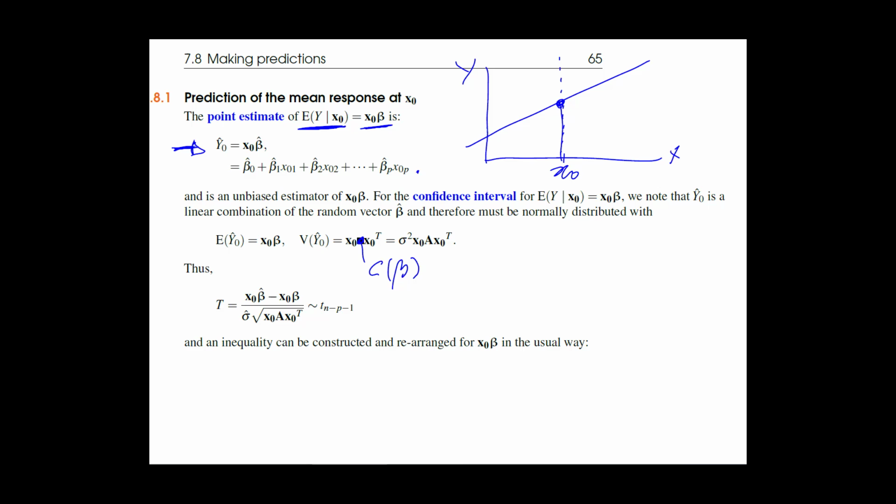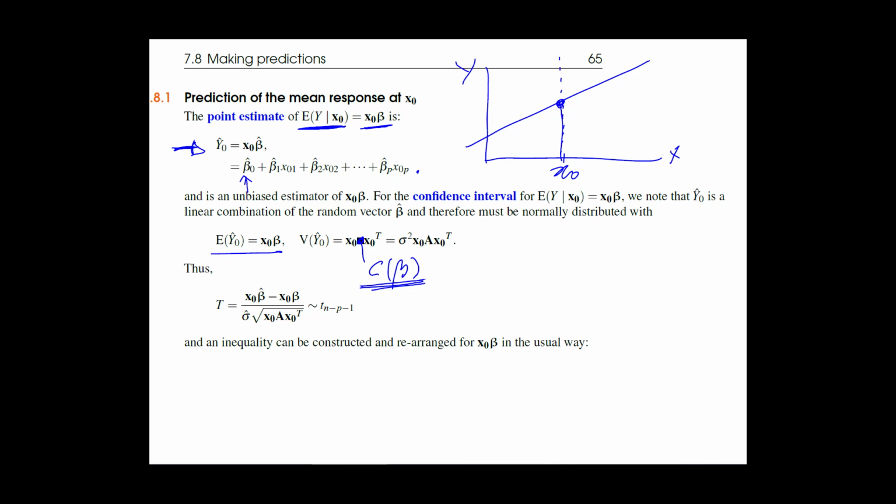You see here that Y naught is a linear combination of the betas, because the betas are the random variables now. And the X naughts are just constants, right? It's the betas that are random variables. They're normally distributed, remember? And they have a covariance matrix C of beta like that. Given that, that's the mean and that's their variance.